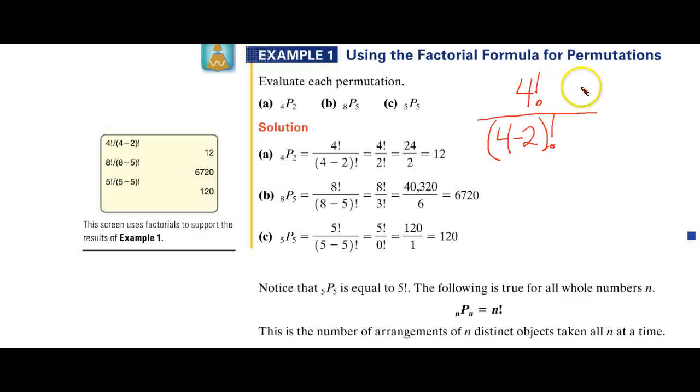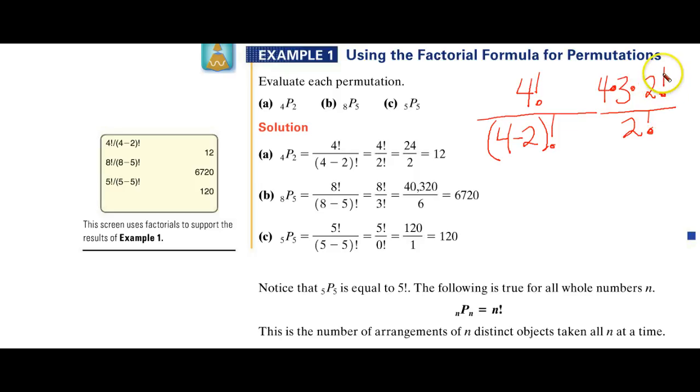So as we do this, we can go 4 times 3 times 2 factorial, and then subtract this, gives us 2 factorial.